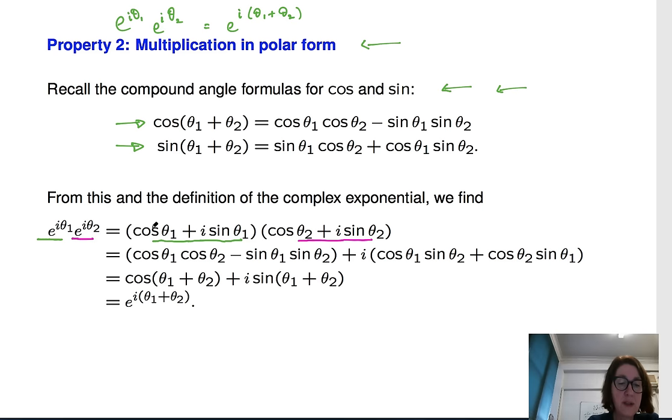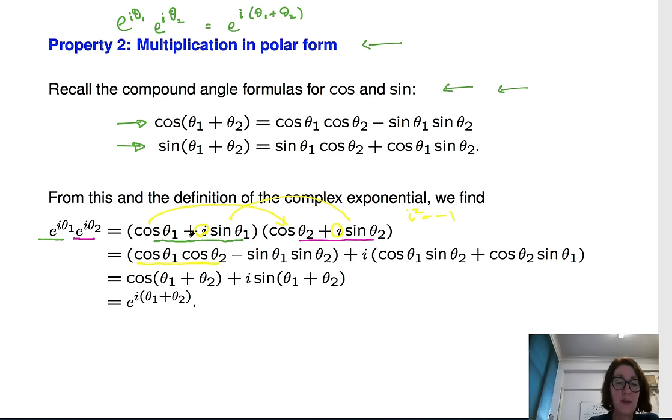In the first instance we take cos theta 1 times cos theta 2, gives me that term there, and then we're going to take I sine theta 1 times I sine theta 2. So I get the sine theta 1 times sine theta 2 terms here. And don't forget we've got an I in this term and an I in that term, so that gives us an I squared, but I squared is just -1. So that product becomes minus sine theta 1 times sine theta 2.